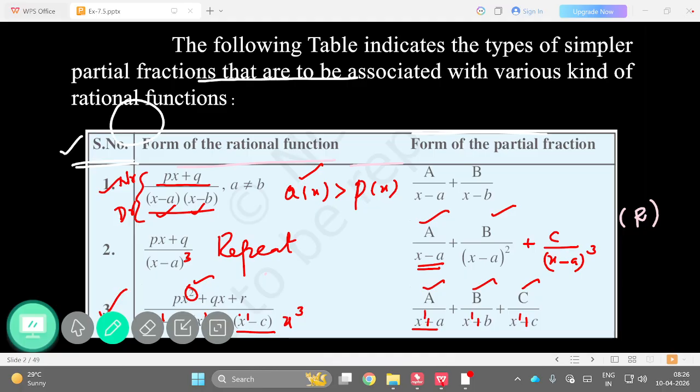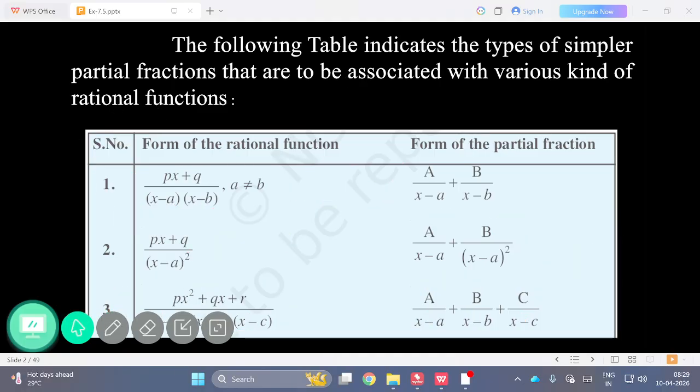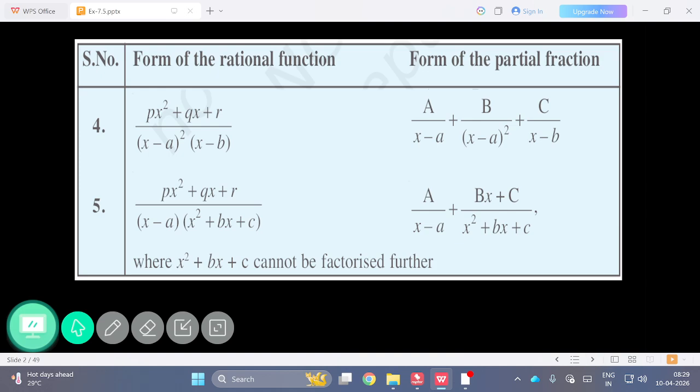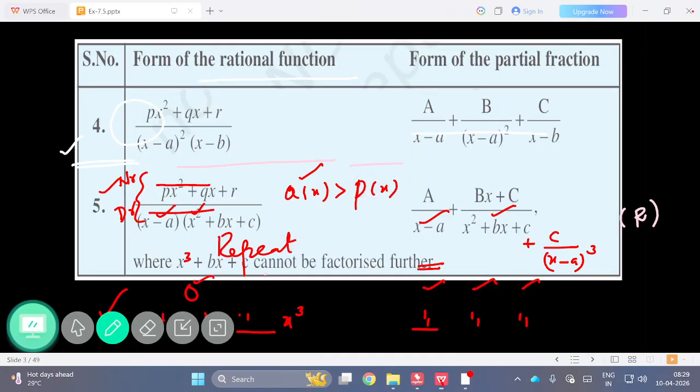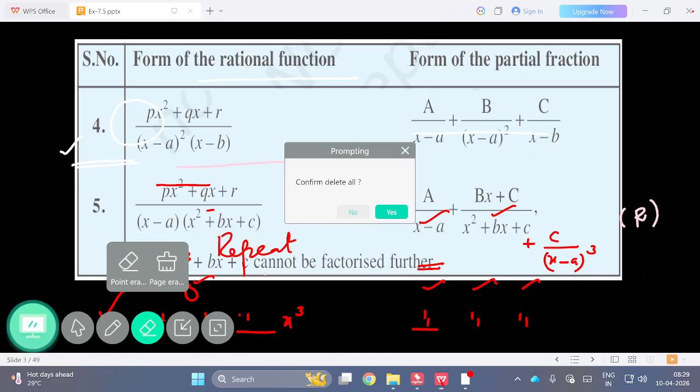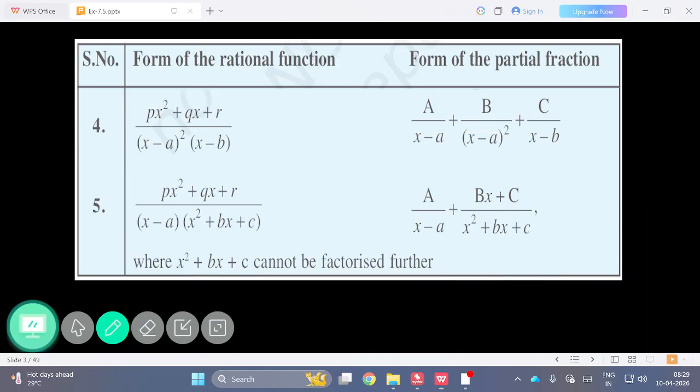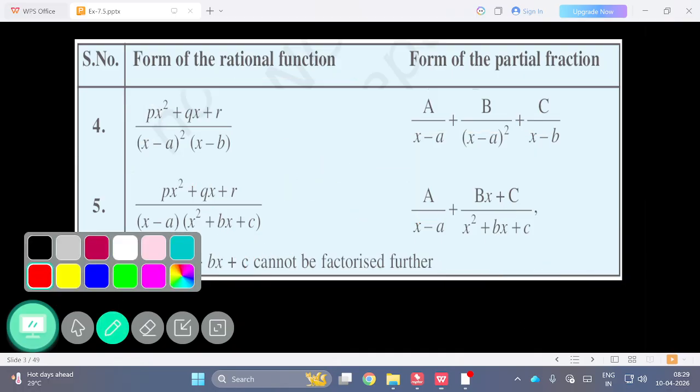Next type, the fourth type. What is the fourth type? Look at this and concentrate on the denominator. What is the power of x here?